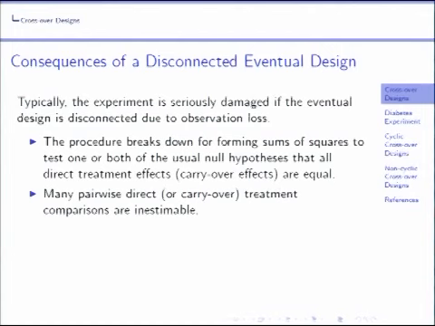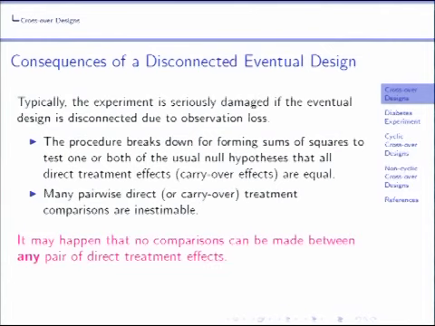And the second related thing is that many pairwise direct or carryover treatment comparisons are not going to be estimable. You're not going to be able to find a linear combination of the observations which has expectation, for example, TOR1 minus TOR2. And that's obviously very serious. You might be unlucky enough that you can't make comparisons between any pair of direct treatment effects. So a design becoming treatment disconnected is a very, very serious occurrence.